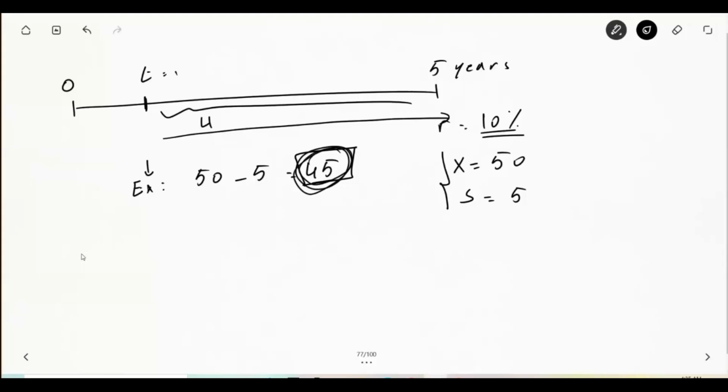I will have 45 times e to the power r, which is 0.1 times 4, so 45 times e to the power 0.4. By not having the option to exercise early, I'm foregoing that value. I need to wait till I get here. So I'm losing the proceeds from investing the payoff of the option.